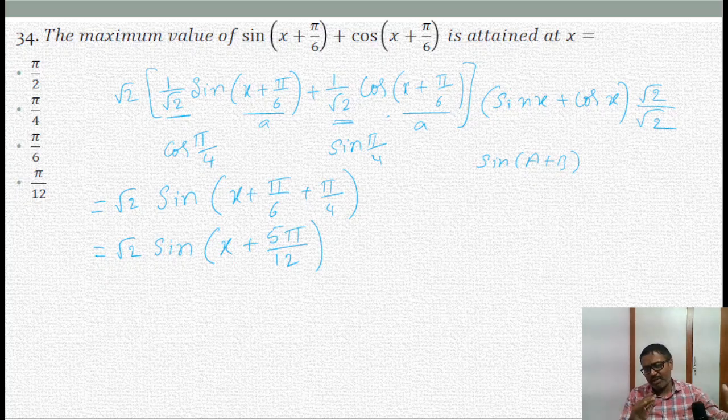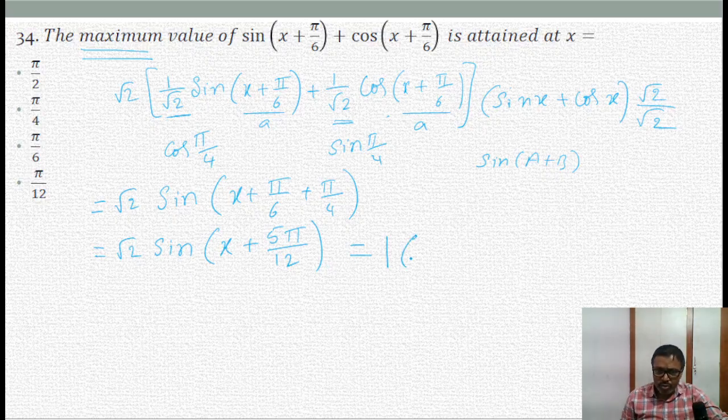Both sine function and cos function, maximum value is 1, minimum value is minus 1. But here they are talking about the maximum value, so it must be equal to, sorry, actually 1 into root 2. Root 2 is the maximum value of this function, but this sine function maximum value is 1.